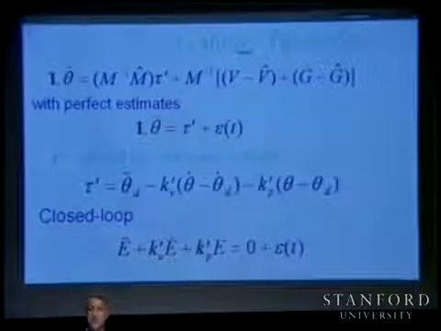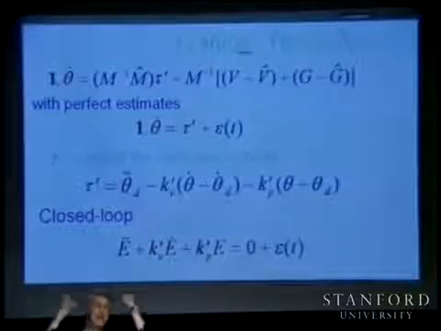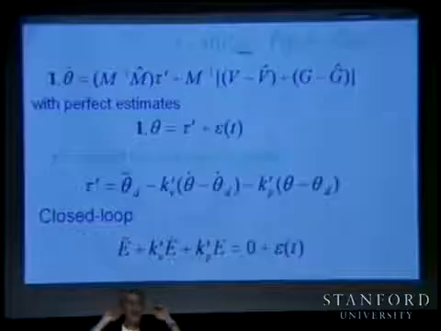Compensation for the gravity: suppose we made a big mistake with the gravity. We estimated the gravity and we were wrong, and we selected G hat to be 0. What is the effect of that on the robot?